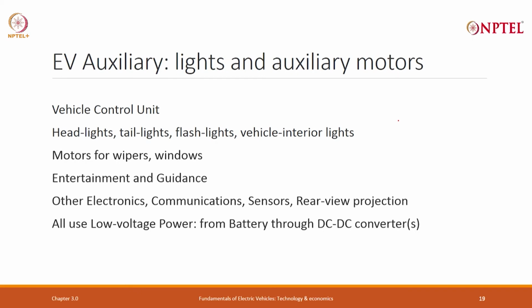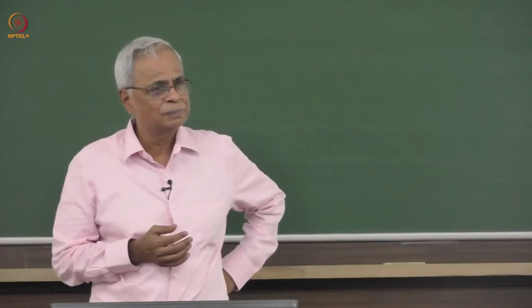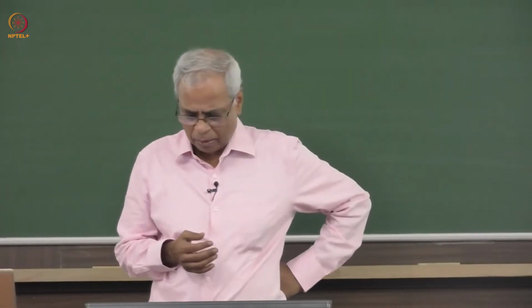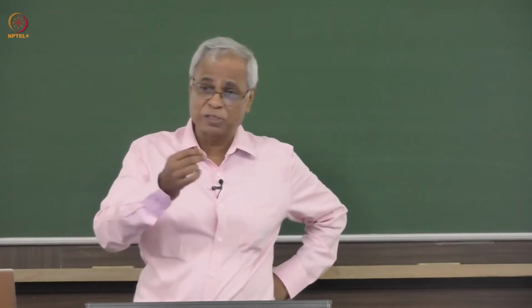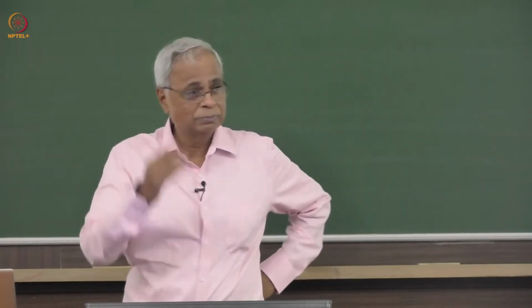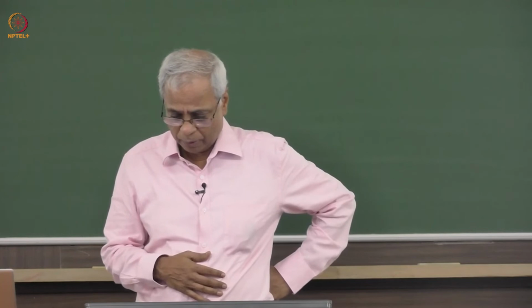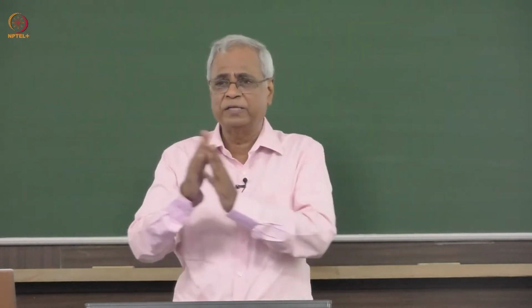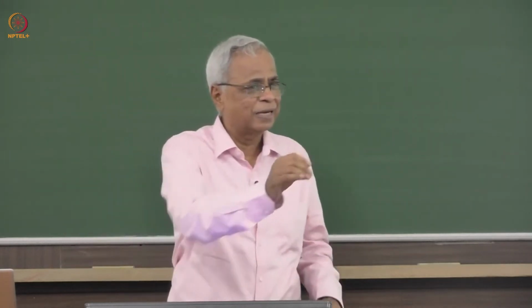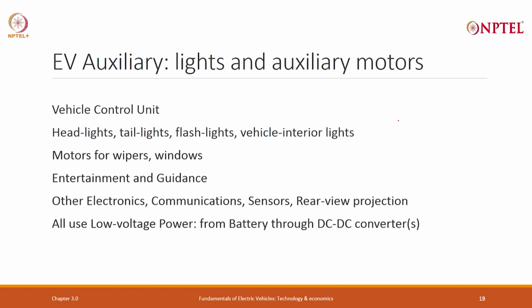Most of the electronics today work at 3.3 volts or even lower, so you tend to use 5 volt. There are electronics which use even lower than 3.3 volts. So, of course, you will have to go through a DC-DC converter to get the right voltage from the battery.